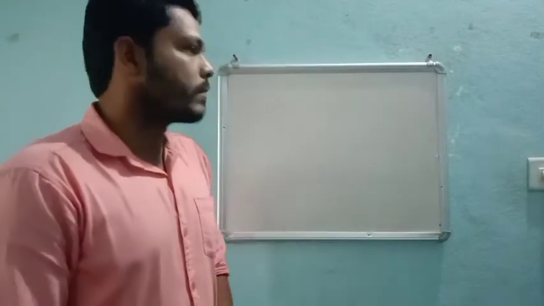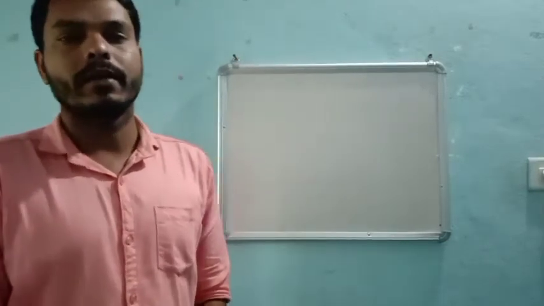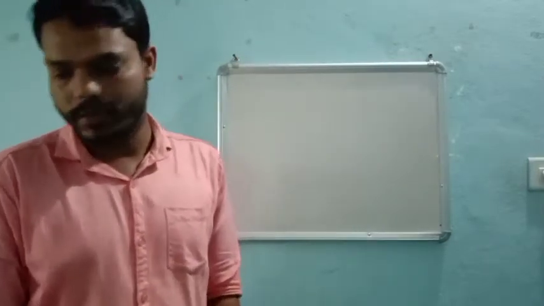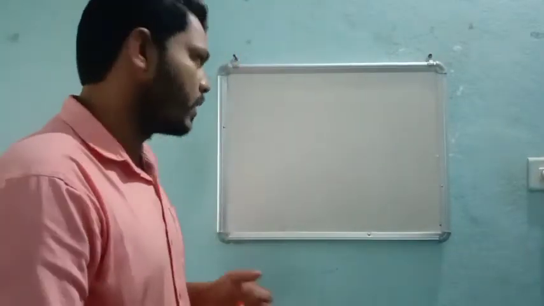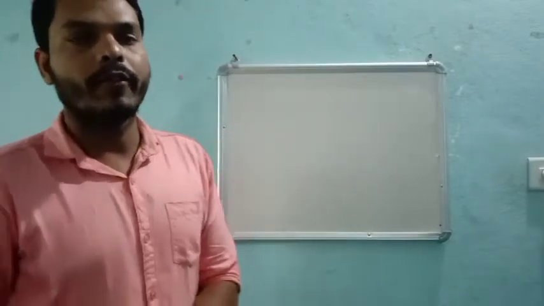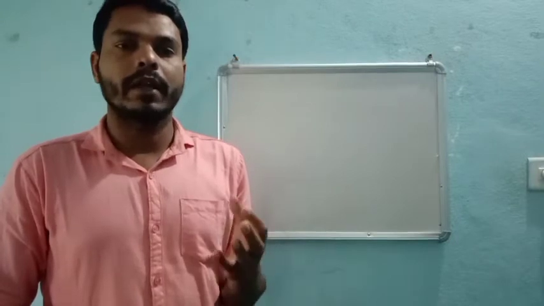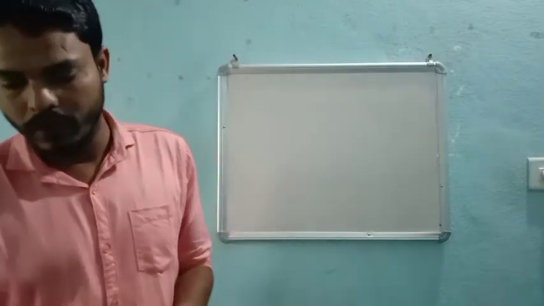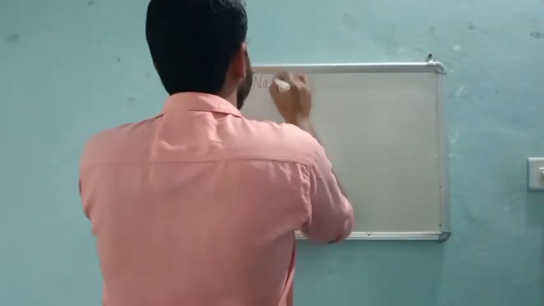So now today we will move towards a very important part, and that is the nature of the C-X bond. Once we know the nature of the C-X bond in the haloalkane, we can see which type of reaction it can undergo. First of all, let us have the nature of the C-X bond as a heading.